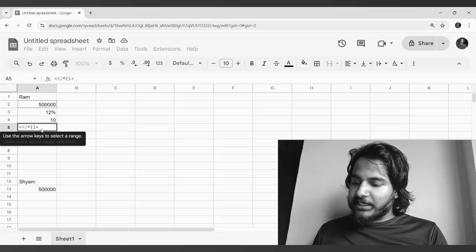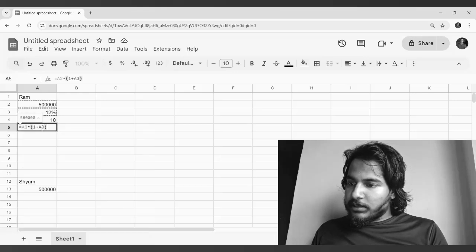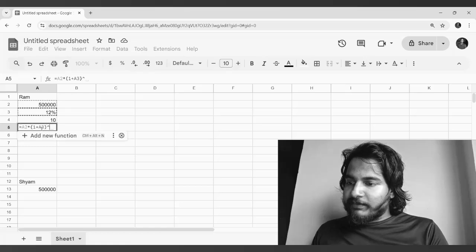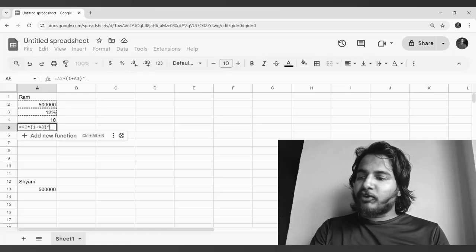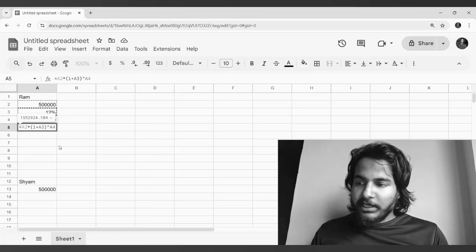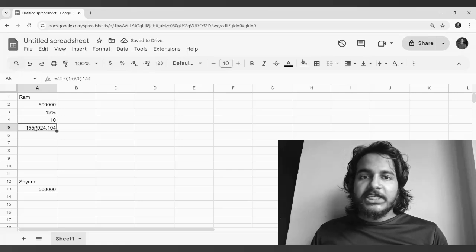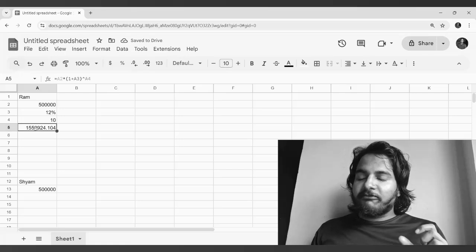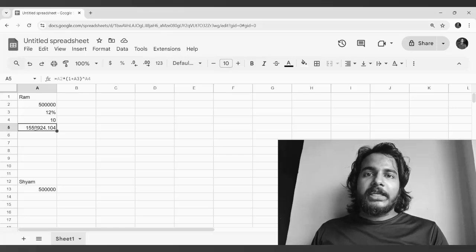So we will have interest like this, 1 plus A3, and to the power 10. Why am I doing to the power 10? Because it is for the 10 years. So I will write here A4. If I run this one, it will give me this value. So this is the final amount that Ram got after 10 years.